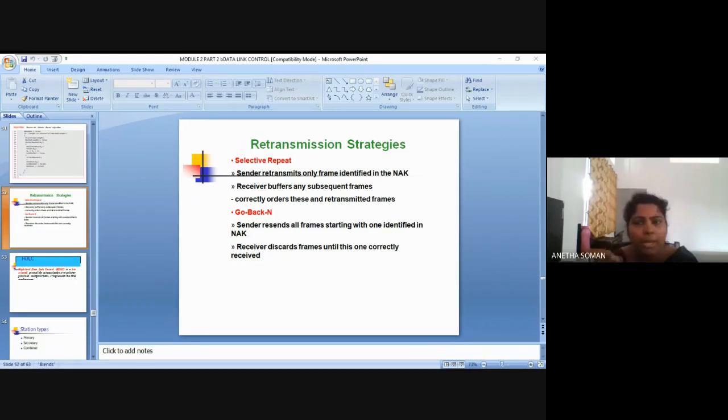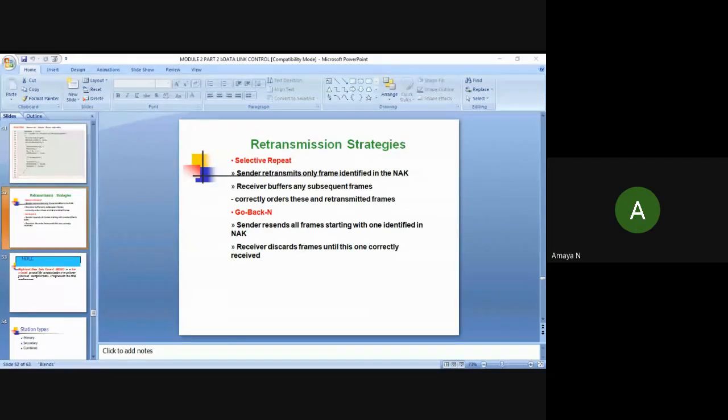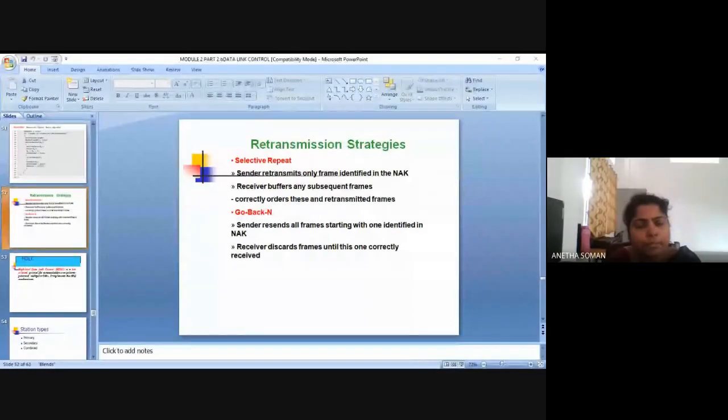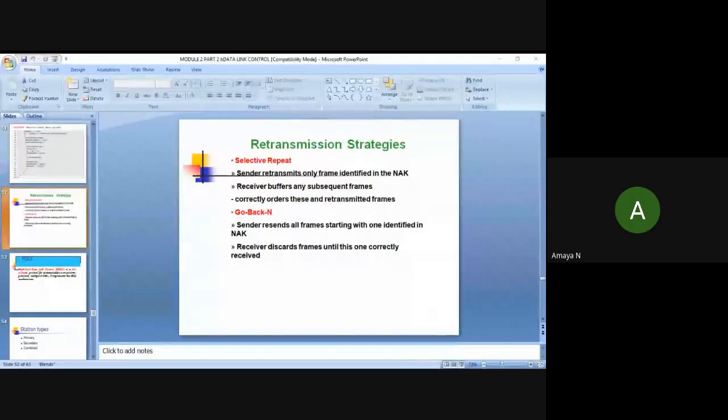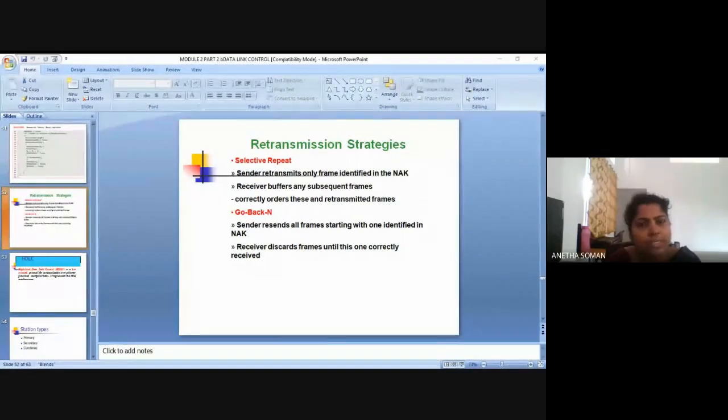Okay, now Ameya will be summarizing yesterday's class. What is go back N ARQ and what is selective repeat ARQ? In sliding window ARQ, we can send multiple frames at a time. Efficiency of the media is high. Now, what is the difference between go back N and selective repeat?